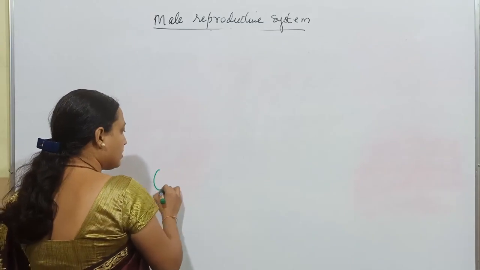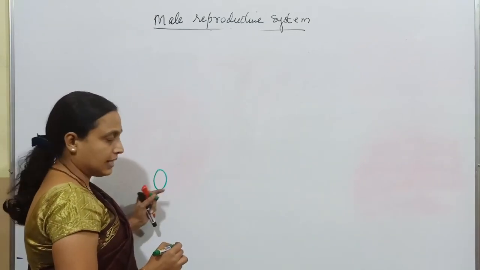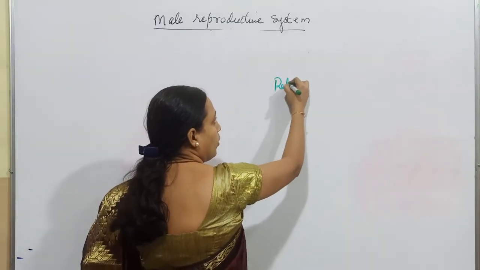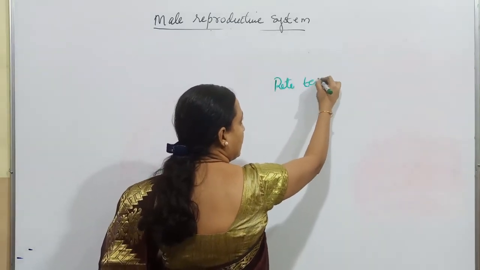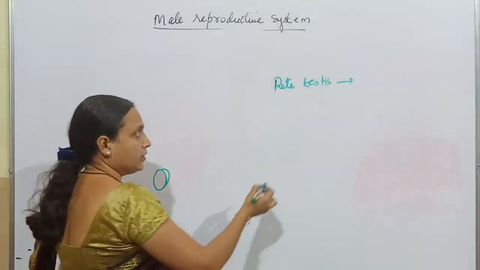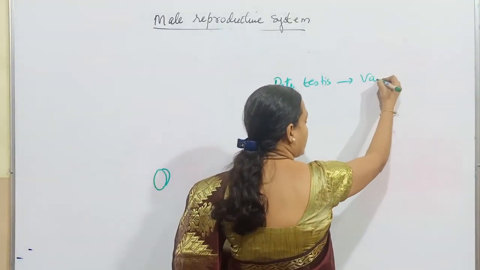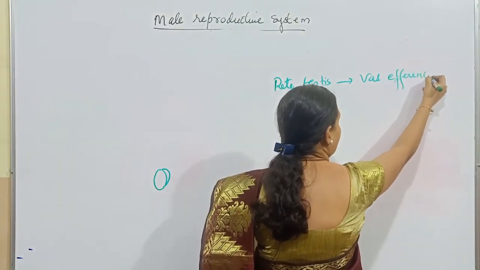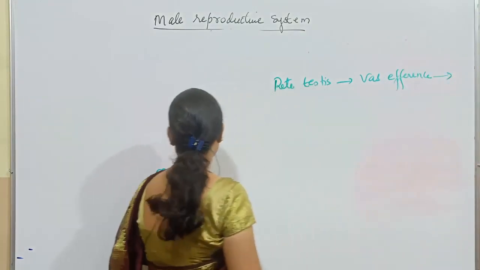So first the sperms are produced in the testes. From the testes the sperms will move into the rete testis, and from there the sperms further move into the vasa efferentia.